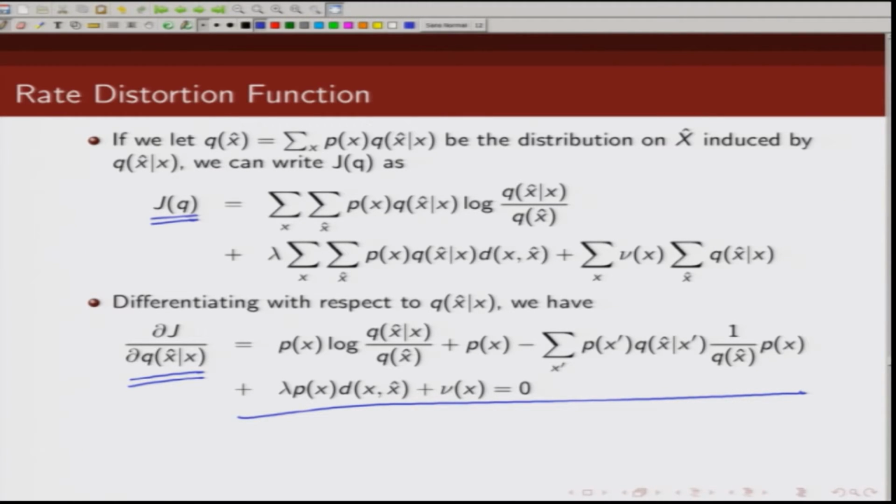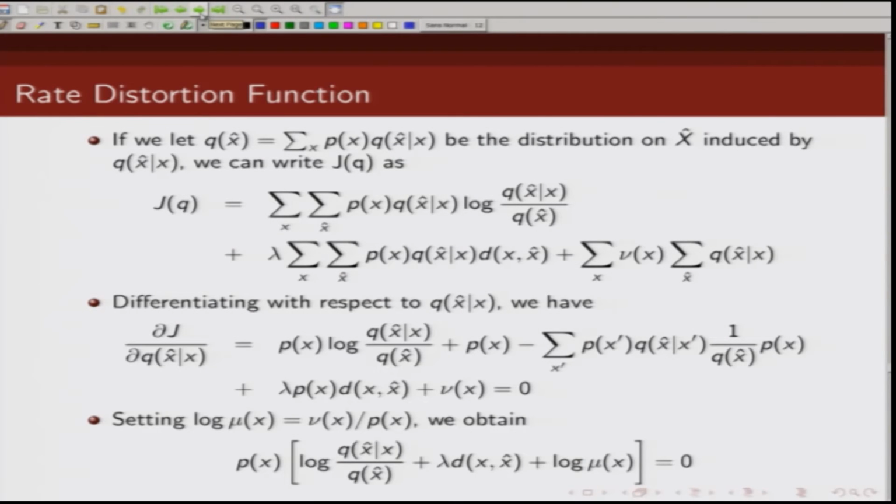So, p of x log of q of x hat given x by q of x hat, plus p of x minus summation of p x prime q x hat given x prime into 1 by q x hat into p x, plus lambda times p x and this distortion between x and x hat, plus mu of x is equal to 0. Now, setting log of mu x to be v x by p x, from here we get this condition.